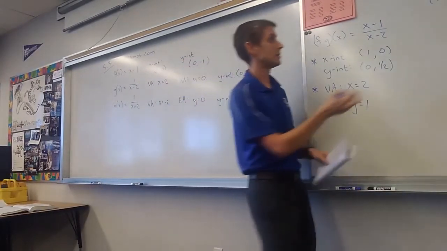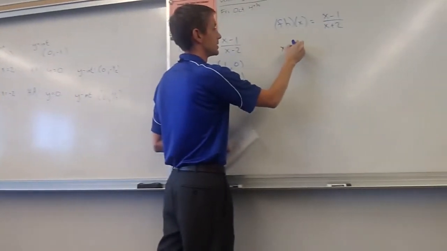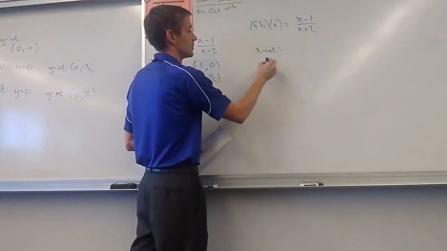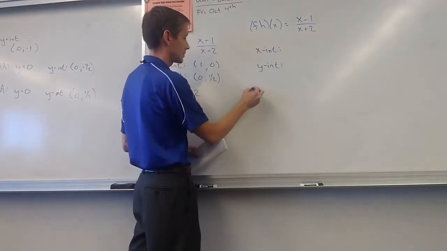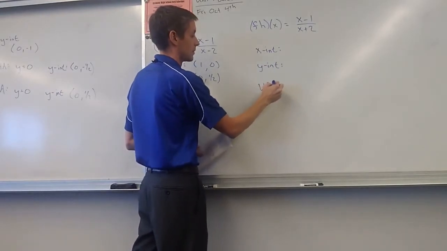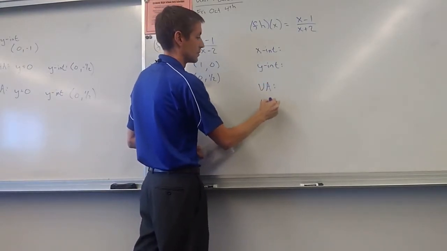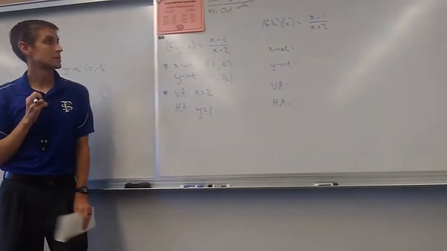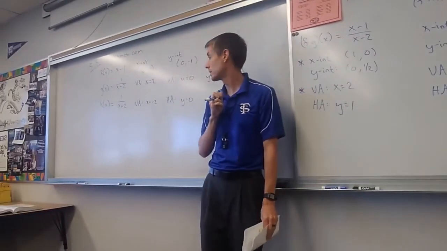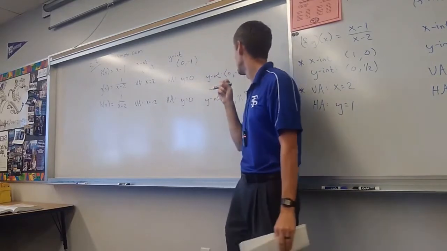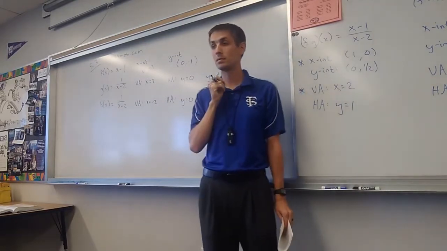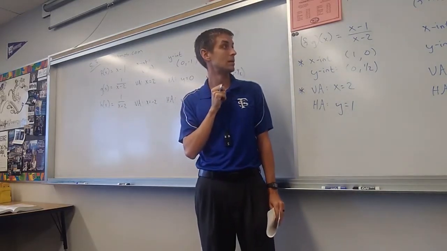The y-intercept is the same. So what did we get for that? You said y-intercept was the same? Wait a second, I didn't graph h. So what do we get? Y-intercept is not the same.